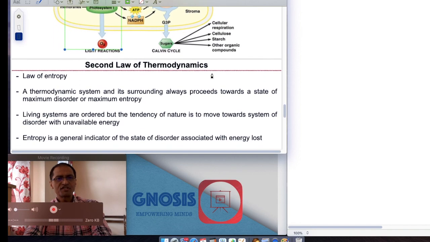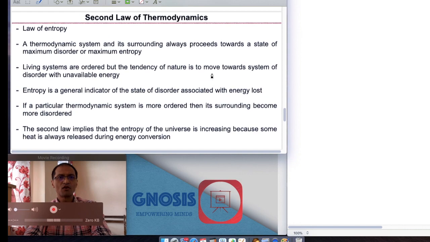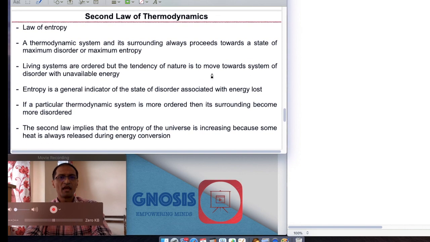When we move on to the second law, the law of entropy, this law states that the thermodynamic system and its surroundings will always tend to proceed to a maximum state of disorder, or maximum entropy. The reason is that living systems, at the molecular level or at the level of the organism itself, are very ordered structures.